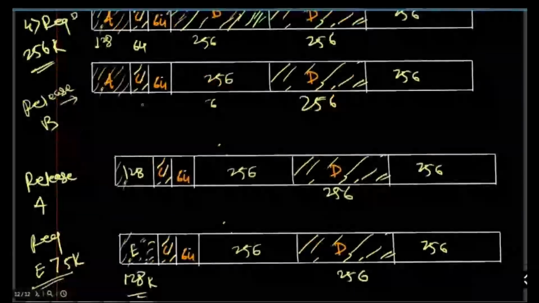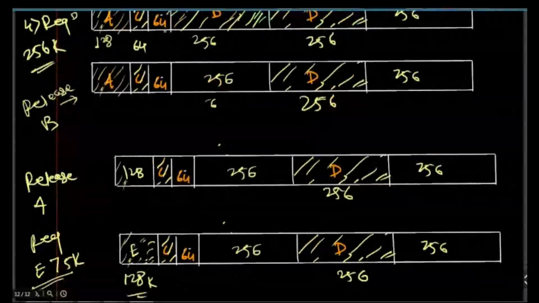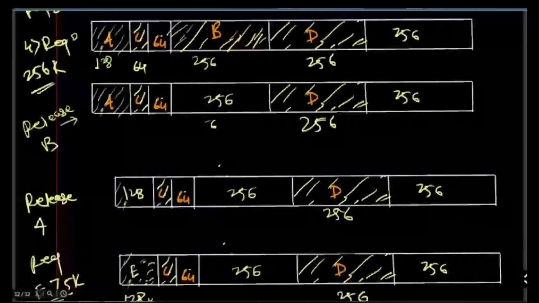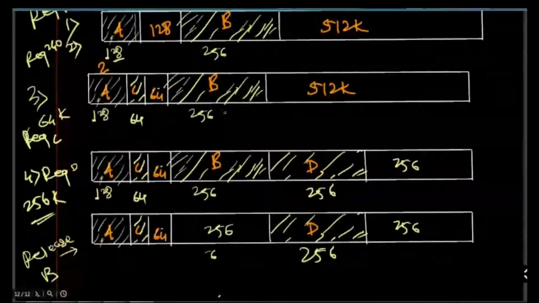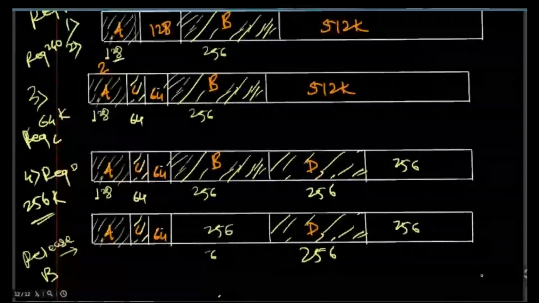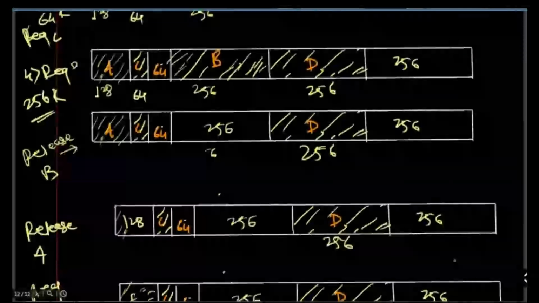We will first release process B. Process B was in this 256 partition, so we will free up this partition. Then the next request is release A, so we will release this 128 partition.